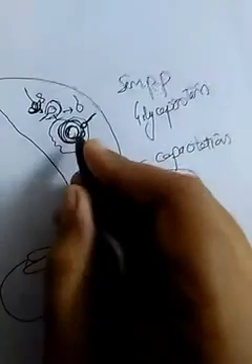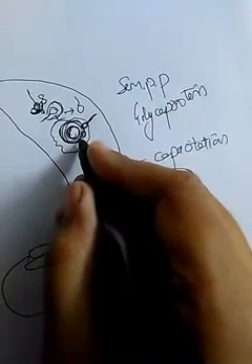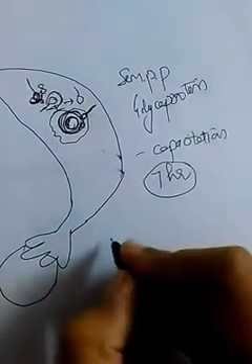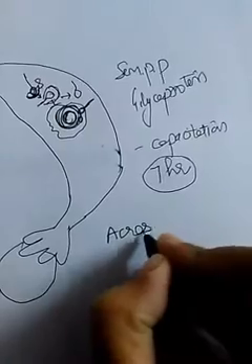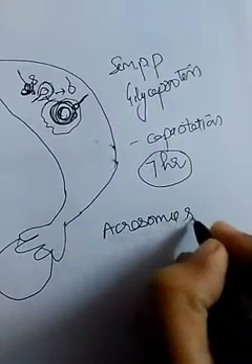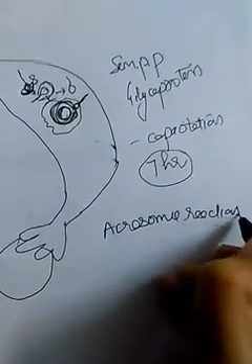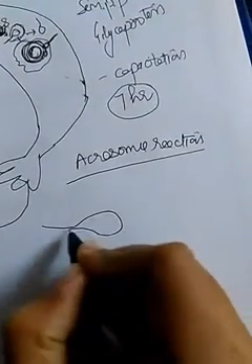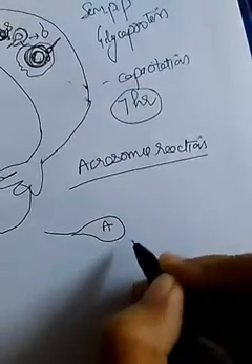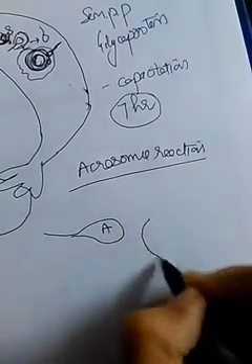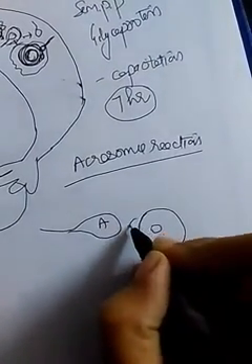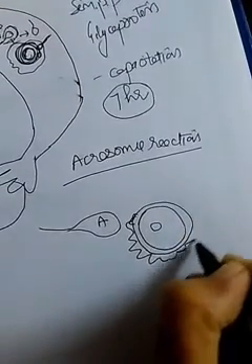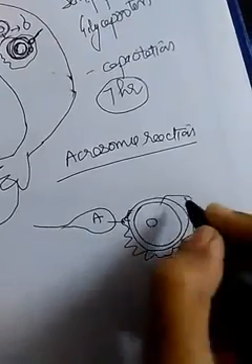But when it comes in contact with the zona pellucida, the acrosome reaction occurs. What is the acrosome reaction? Supposedly this is the acrosome of the sperm. This is the ovum, the zona pellucida, and the corona radiata. It has entered up to this.